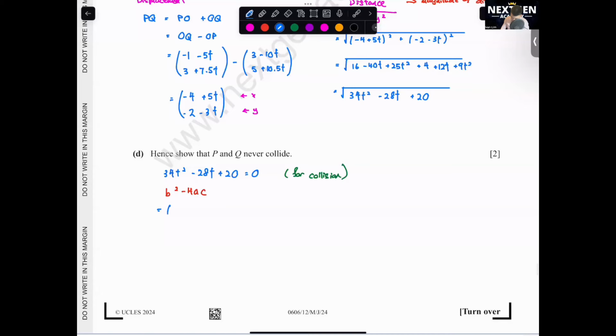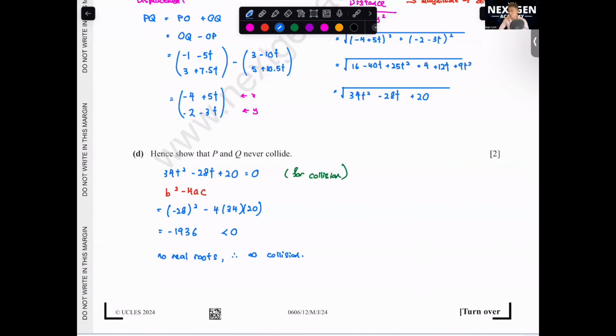Now I substitute in: minus 28 squared minus 4ac equals negative 1936. So here we can write less than 0. No real roots, therefore no collision, or no solution.